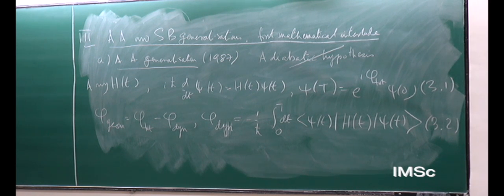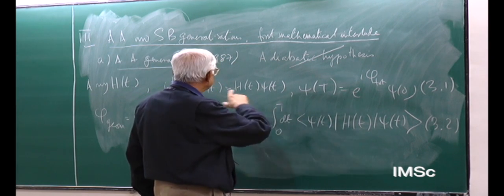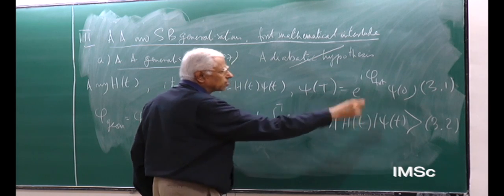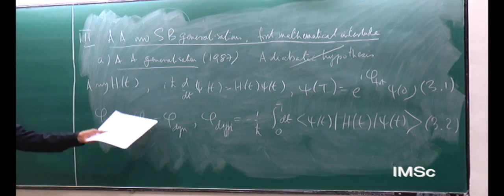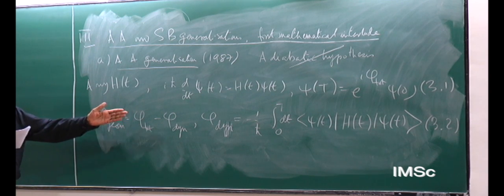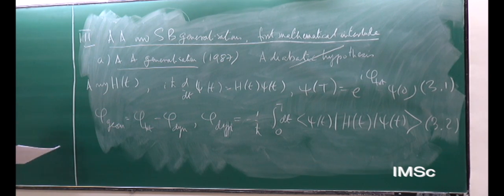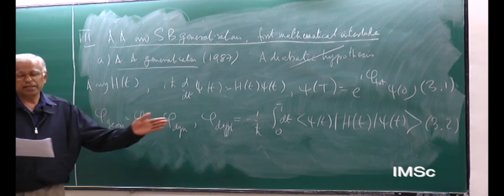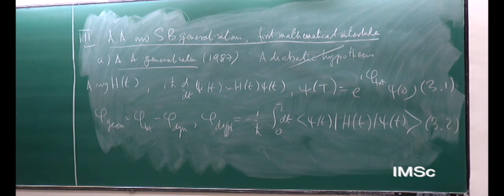And by subtracting this definition of dynamical phase, the time expectation value of this Hamiltonian at each time along this solution to the Schrodinger equation, remove that from the total phase, the rest, they said, is the geometric phase in this situation. Of course, in the adiabatic cyclic case, by that I mean H of capital T equals H of 0 in the Berry situation, one can easily see, given all the approximations of the adiabatic hypothesis, etc., this will reduce to the Berry calculation of the phase. So this will become the Berry phase.